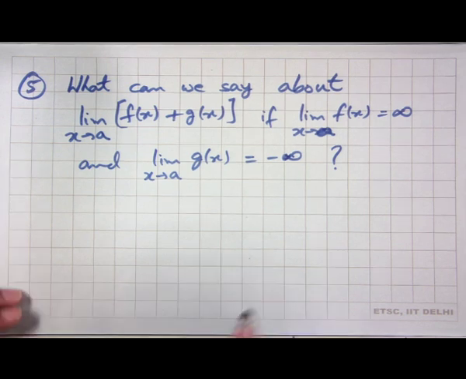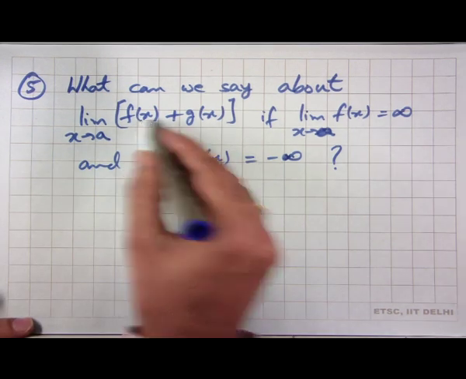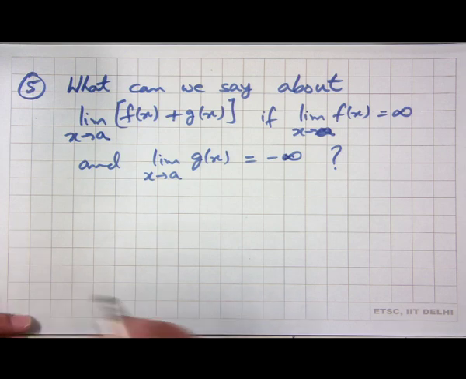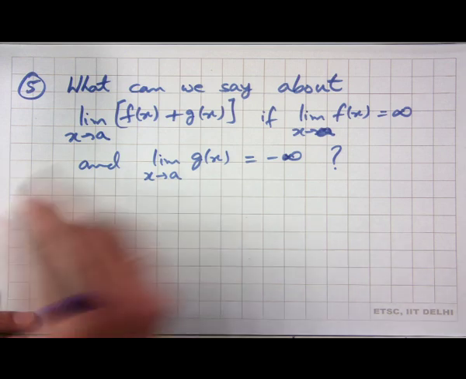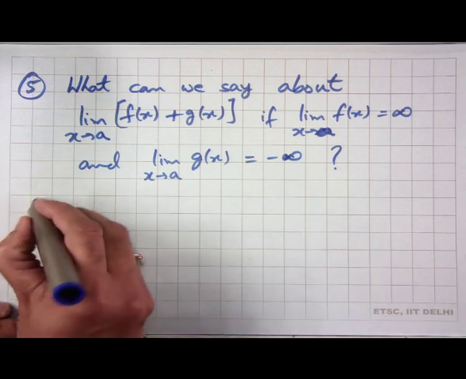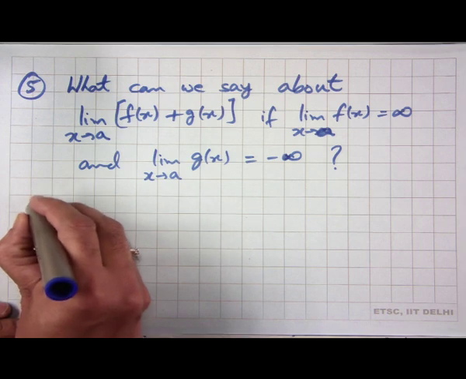So, some of you might guess that this is going to infinity, this is going to minus infinity, therefore, infinity minus infinity is 0, but that is not true. So, let us see by some example. So, examples.